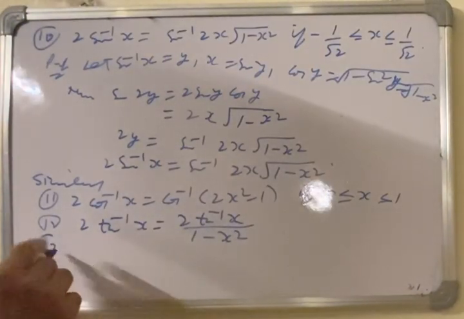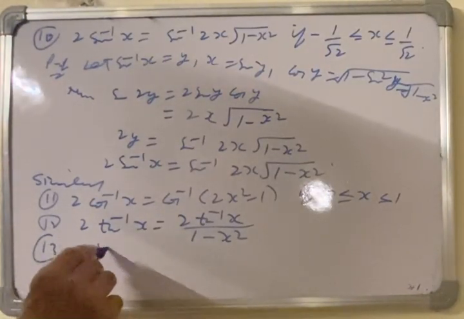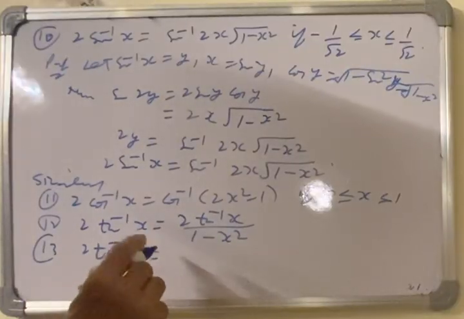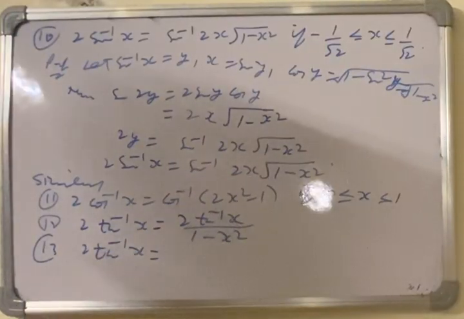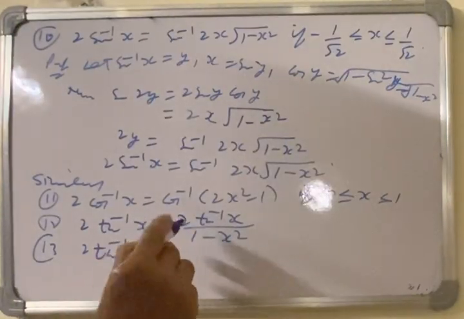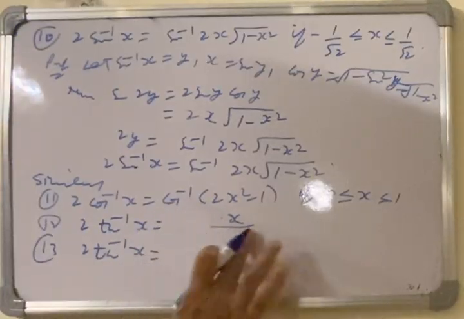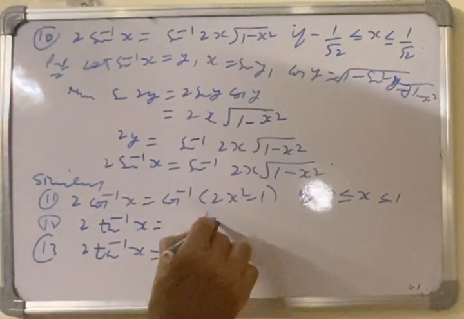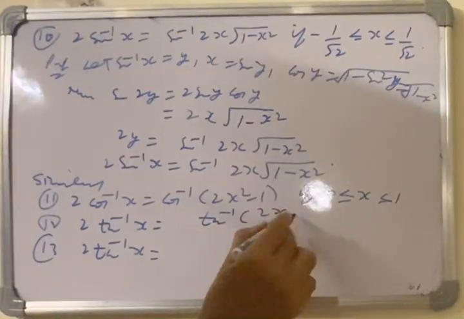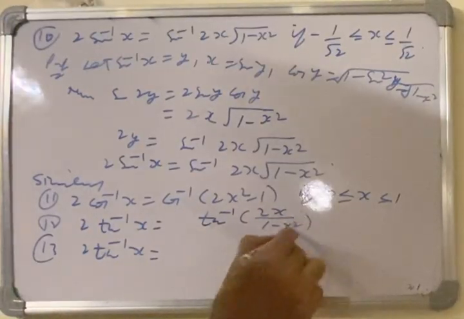Then next, also 2 tan inverse x is tan inverse 2x over 1 minus x squared.